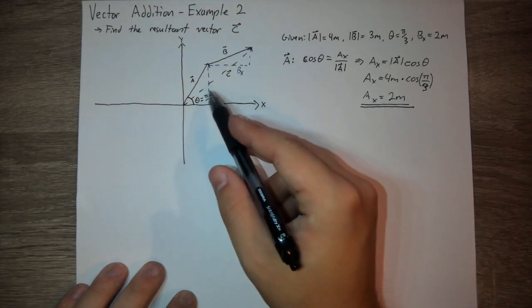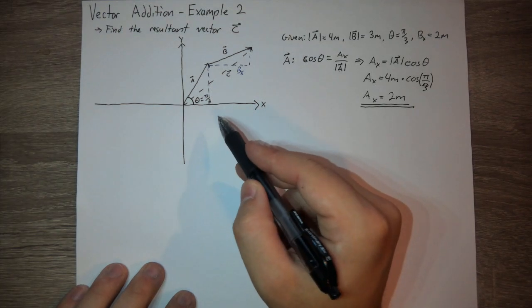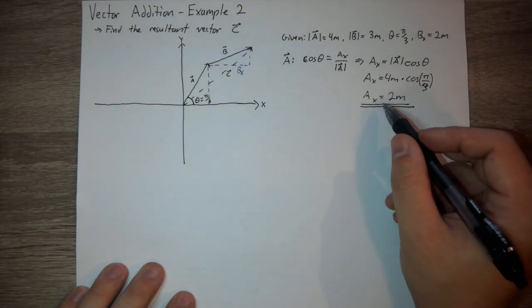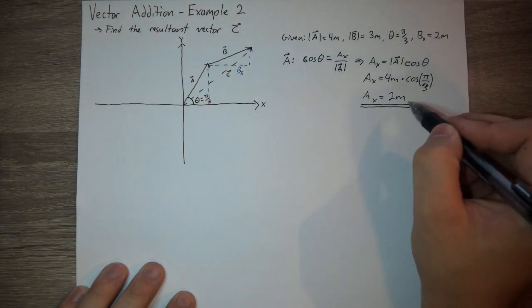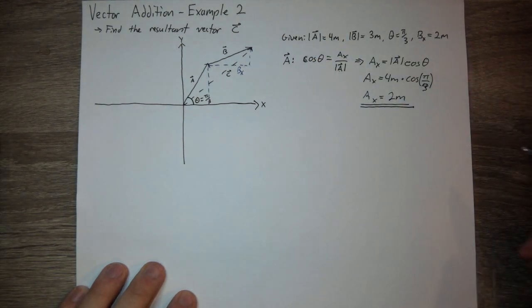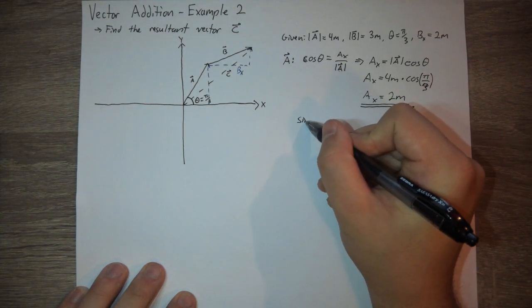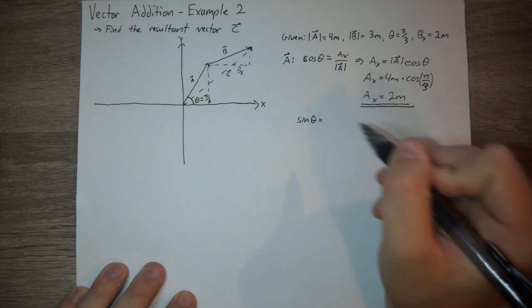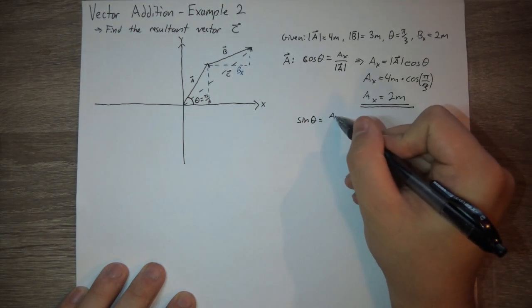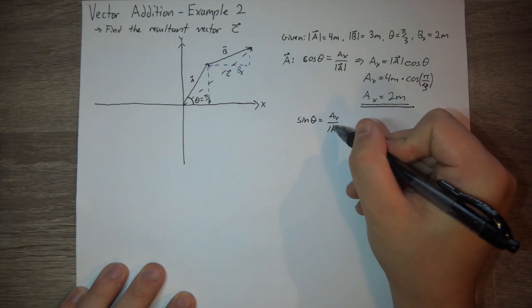Now to solve for the y component of A, there's two things we could do. We could either use Pythagorean's theorem, because we know both the magnitude and this component, or we could just use our sine function. So let me do that. I'm going to do the sine function, which is the y component over the magnitude.